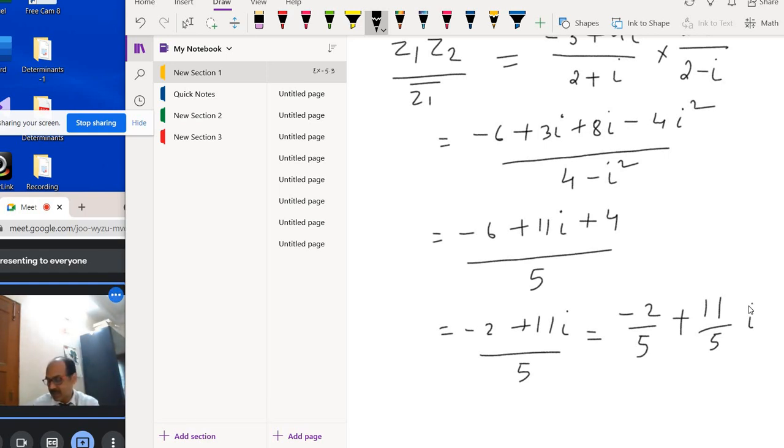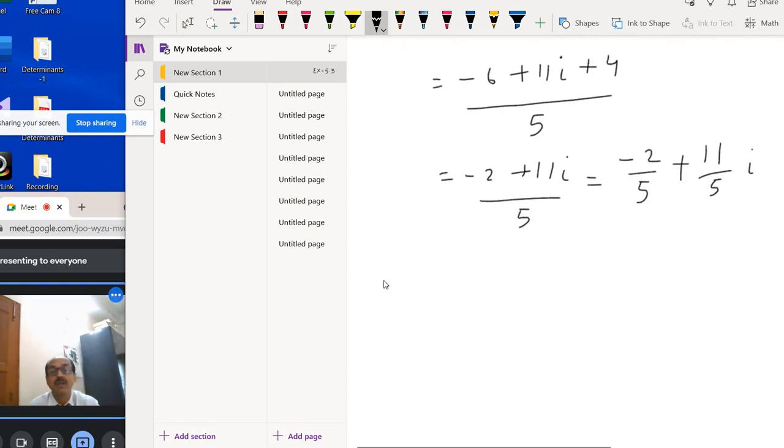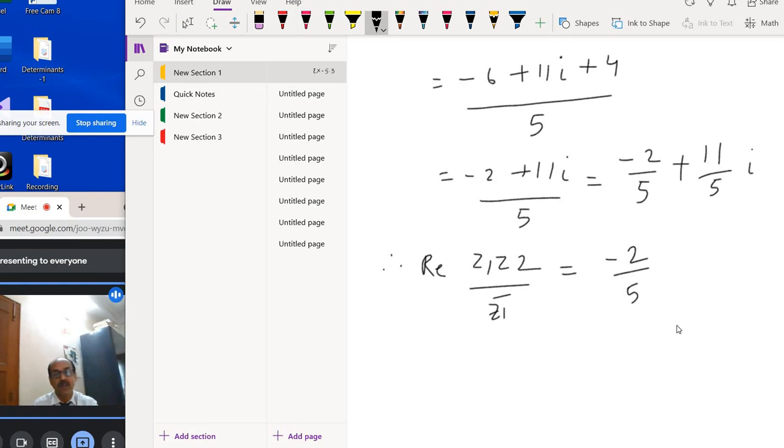Now the question is real of z1 z2 by z1 bar. Real part only. So the real part is minus 2 by 5, and the imaginary part is 11 by 5.